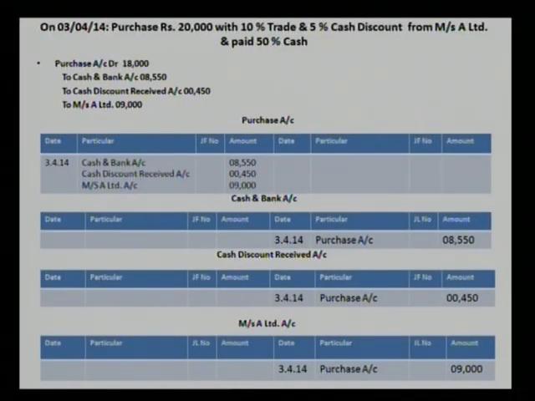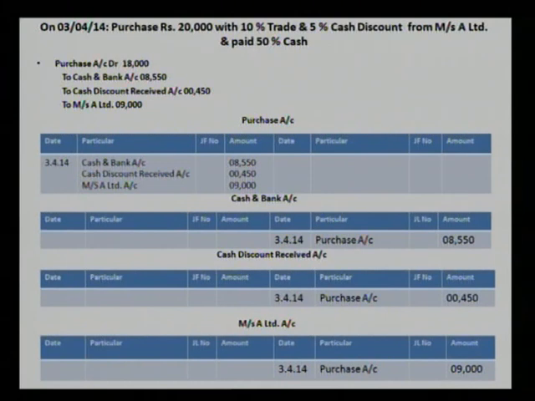Transaction number 3, on 3rd April 2014, we have purchased some goods worth rupees 20,000 at a trade discount of 10% with 5% cash discount from Messrs A Limited and have paid 50% cash.